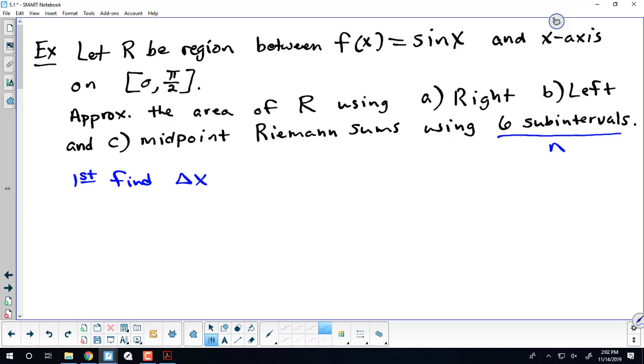And then we're going to list out the partitions. Secondly, we're going to list the grid points. Those were our x sub k's.